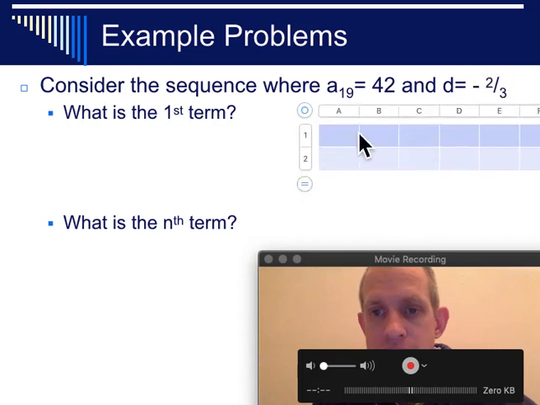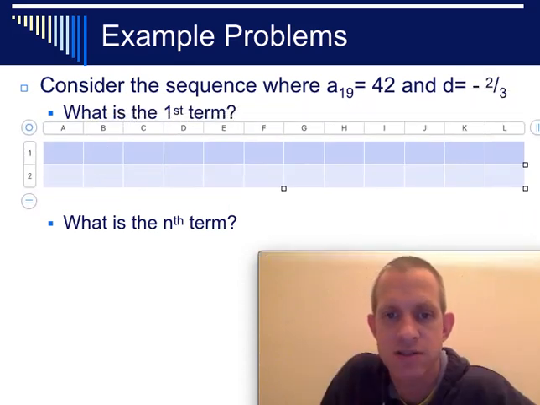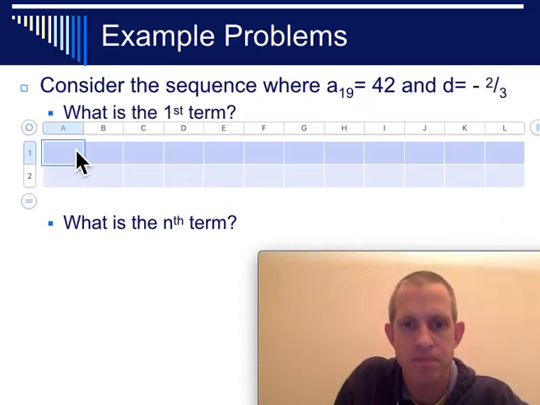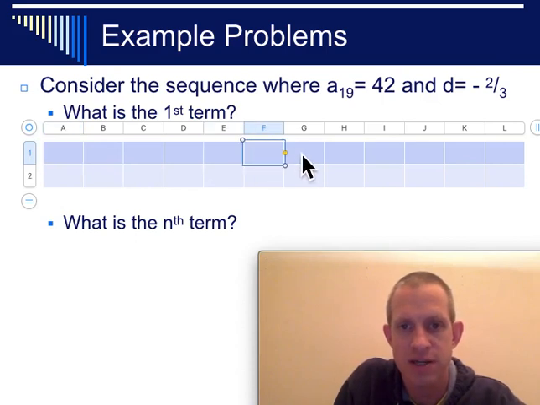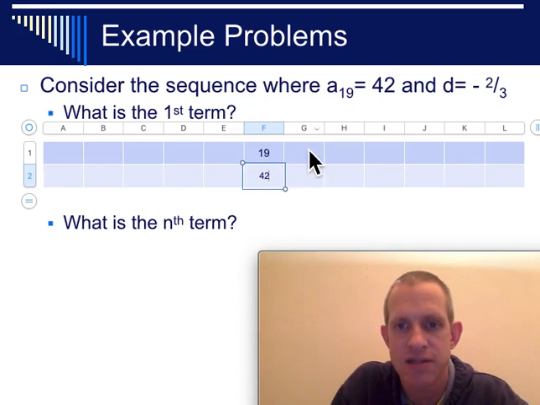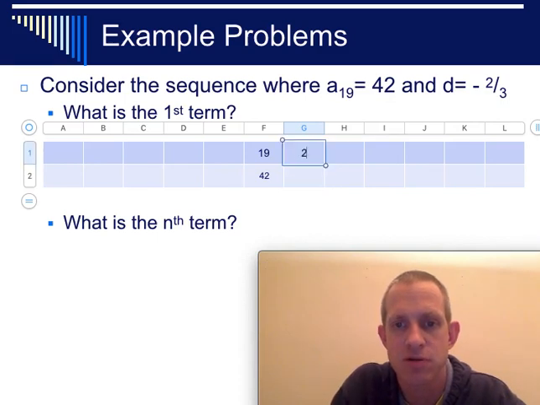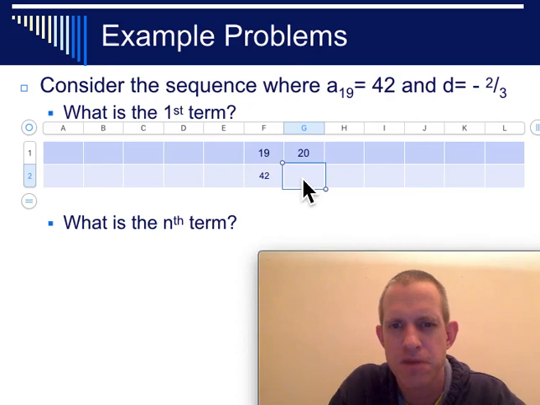So let me bring in a table a moment and fill in some of the things that we know. I know that I want the 19th number in the list to be 42. And the common difference of negative 2/3 means every time I go forward a step, the 20th term would be 42 minus 2/3, which would be 41 1/3.